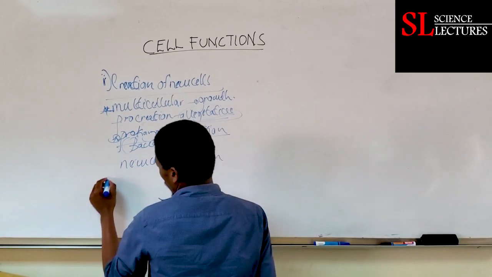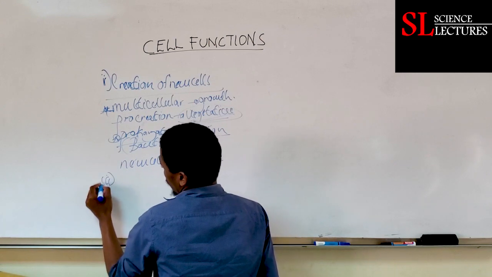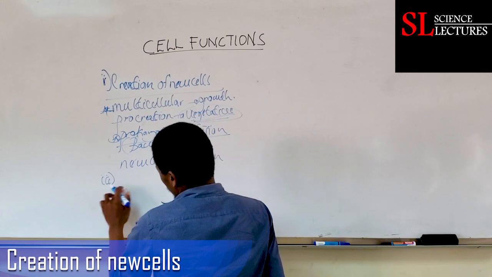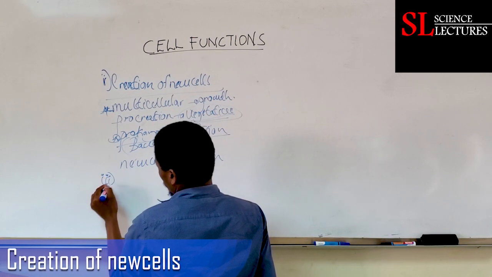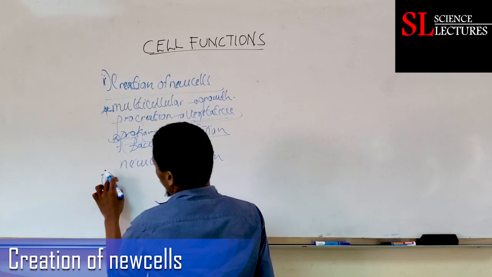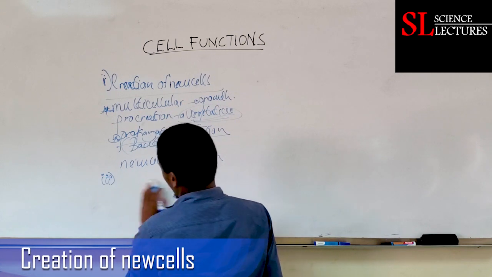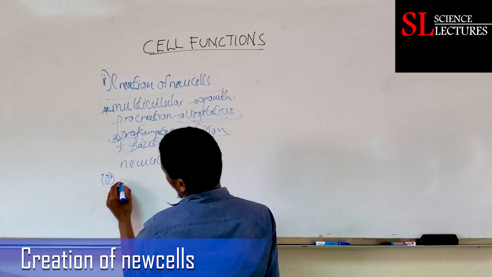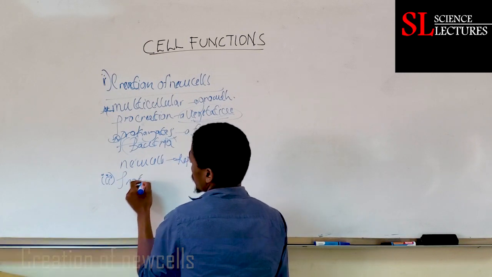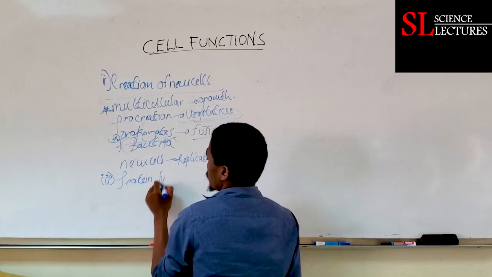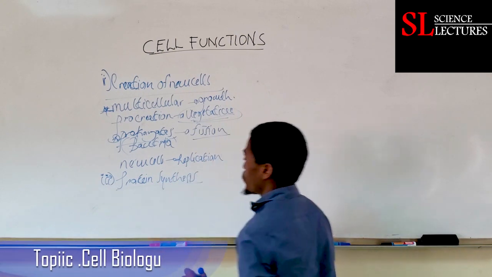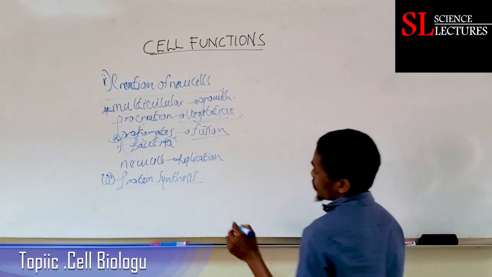So the third cell function, have a look at the third cell function. And the third cell function is differentiation, cell differentiation. But before we look at cell differentiation, we can look at protein synthesis, because it's also a cell function. And what is protein synthesis?